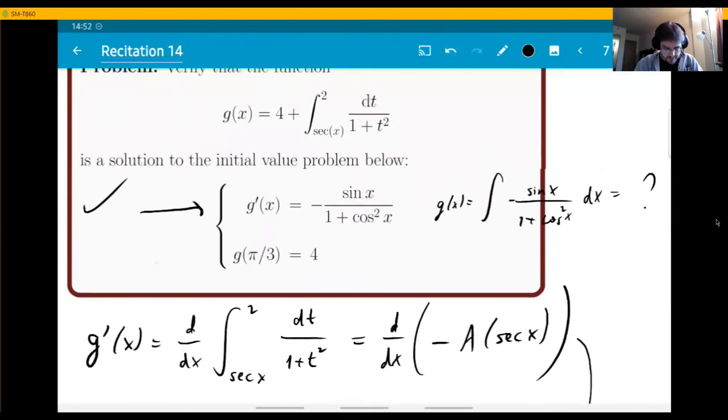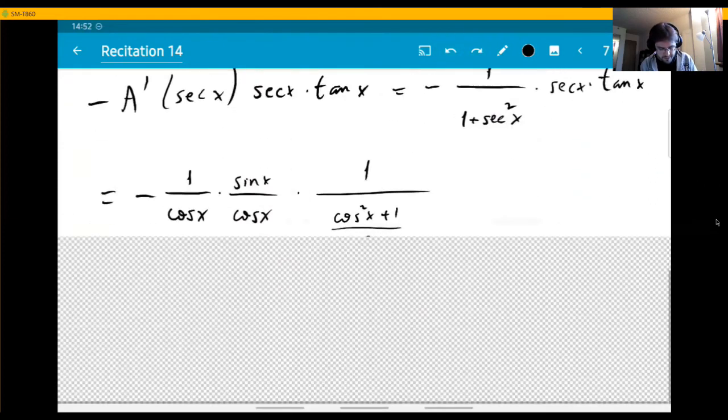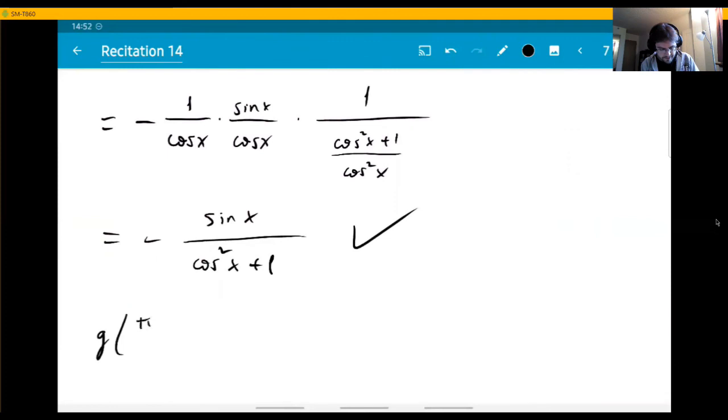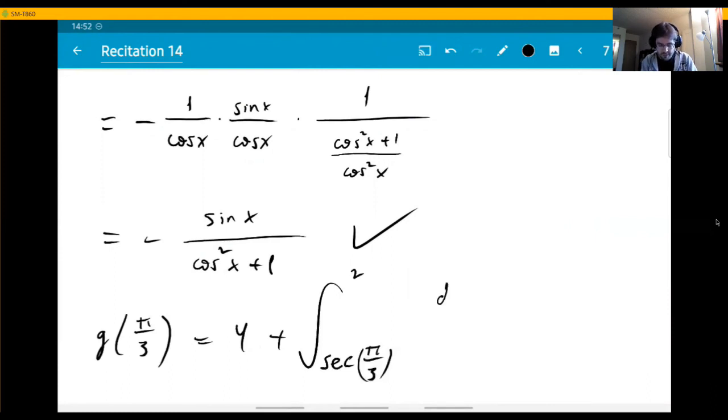What is left to do now is verify the second. Is g of pi over 3 equal to 4? Once again, for this function g. So what is g of pi over 3? 4 plus, you plug in the pi over 3 right here in the location where x was.